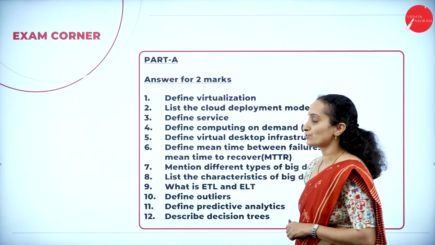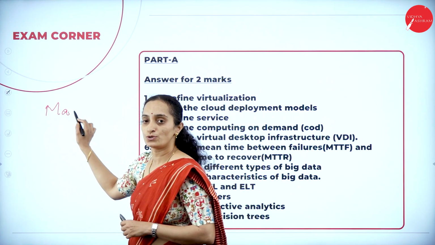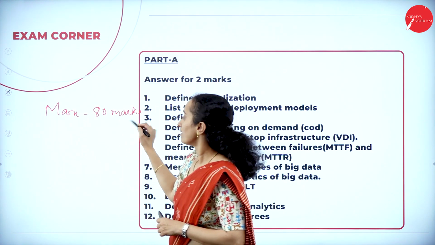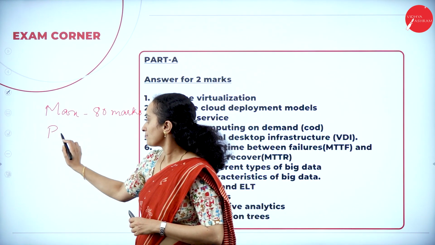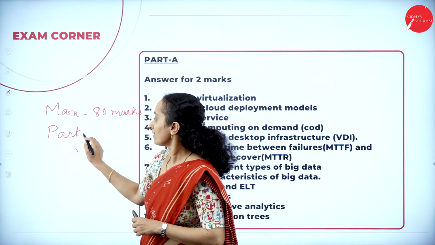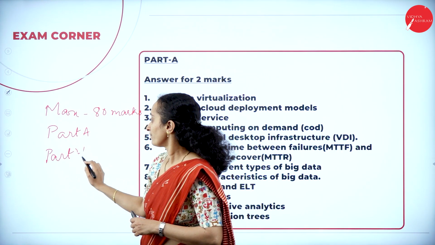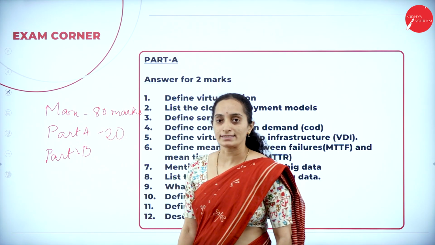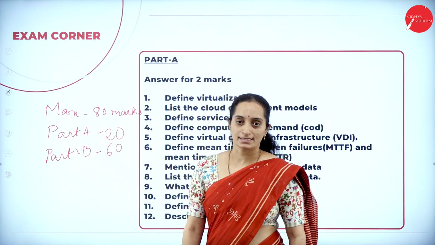The first thing you need to know is that the maximum marks in this subject is 80 marks. Among the 80 marks, there will be two parts, part A and part B. Part A gives you 20 marks and part B will fetch you 60 marks.